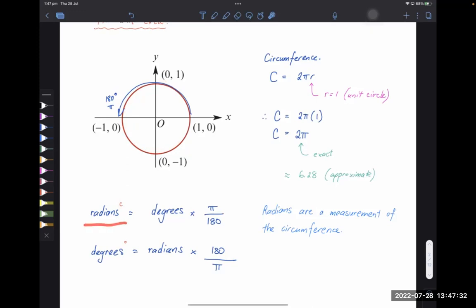So the radians is basically a section of the circumference. Now, you already know how to use these formulas, write these down, know them well. But if you have a look here, 180 degrees is the same as pi, because we know that the entire circle is 2 pi. So halfway, that's half of 2 pi, which is pi. Okay.